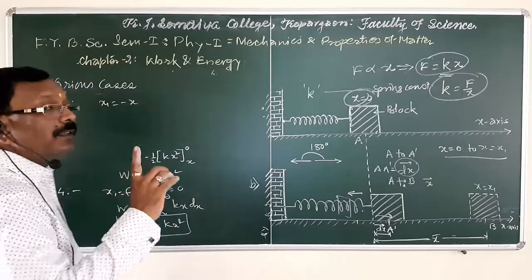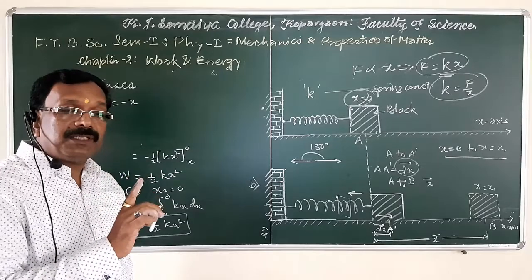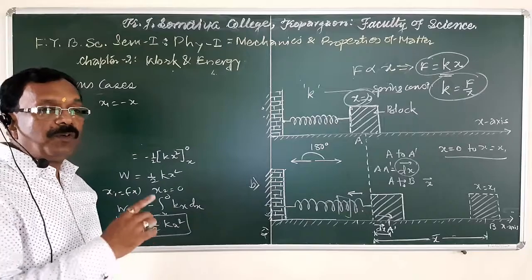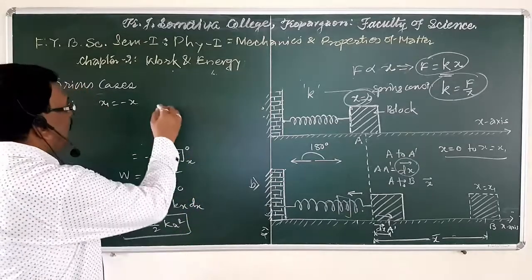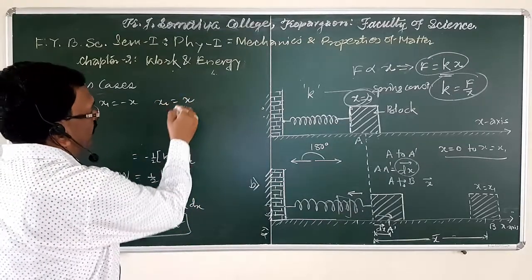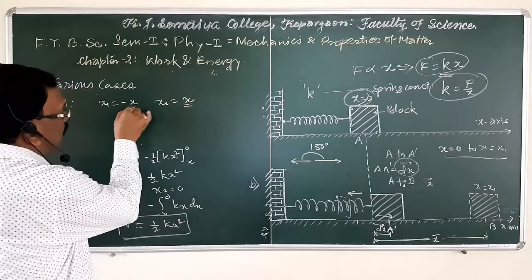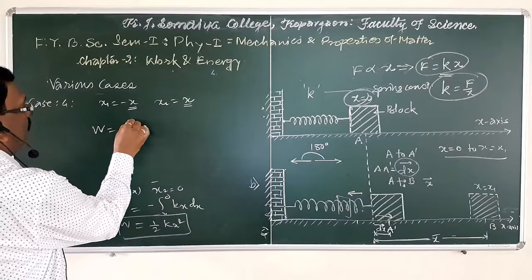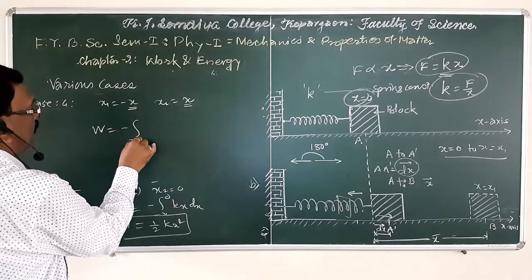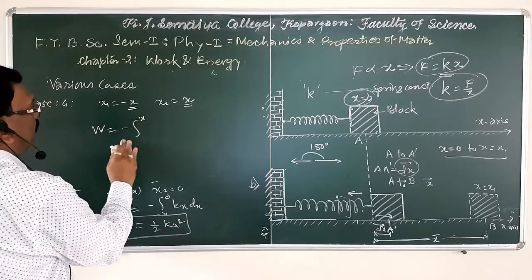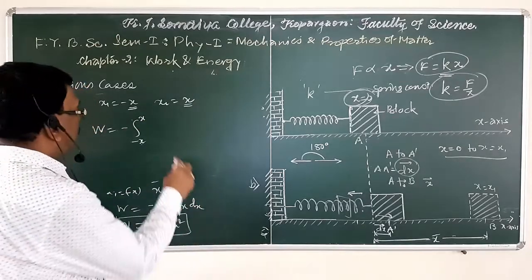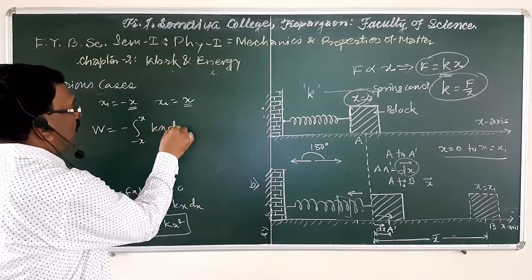Now here in the 5th case, the initial position is compressed and final position is stretched, that is x2 is equal to x stretched, positive, compressed, negative. Therefore work done is integral from minus x to plus x of kx dx.